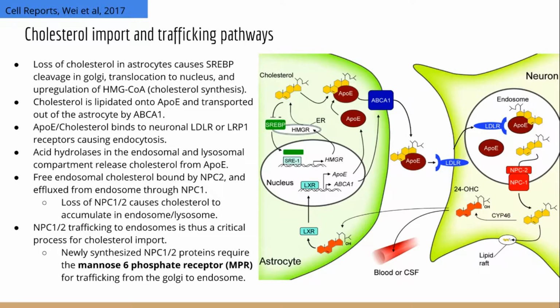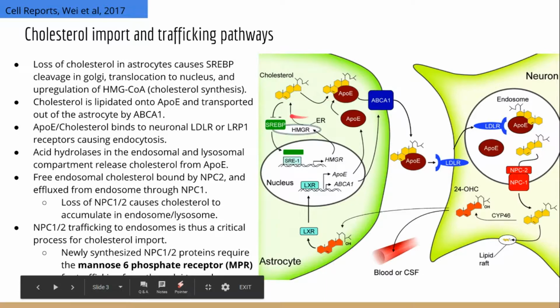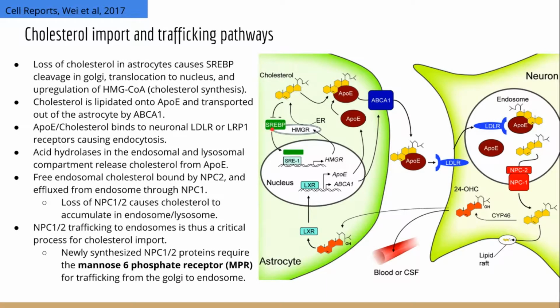In this slide, we're going to cover the canonical pathway of cholesterol import and trafficking into the neuron. So again, loss of cholesterol in astrocytes causes SREBP to translocate to the Golgi, where it gets cleaved.